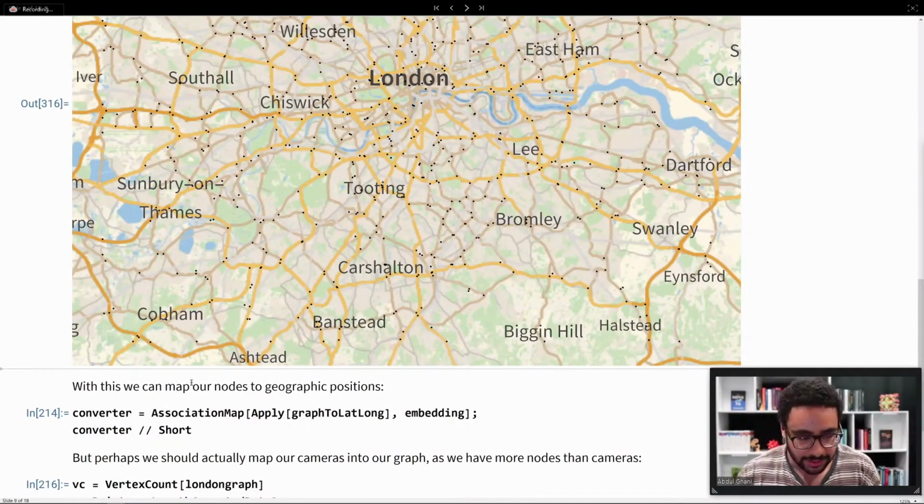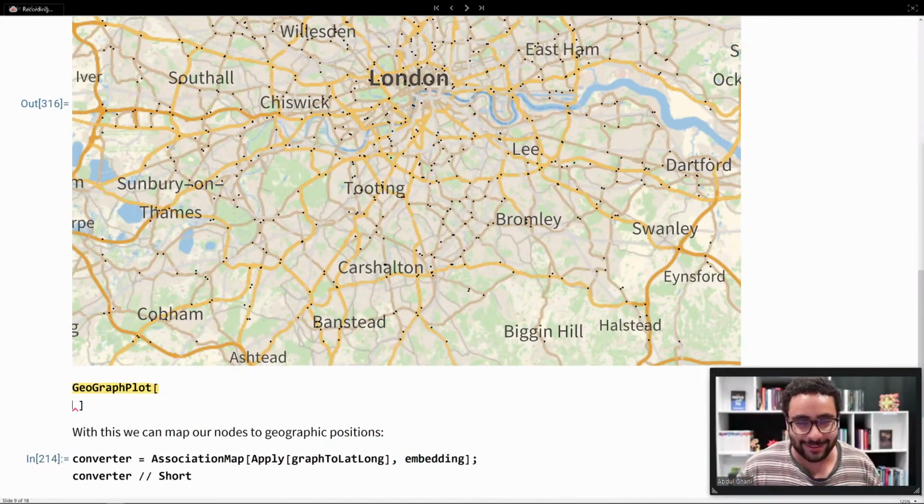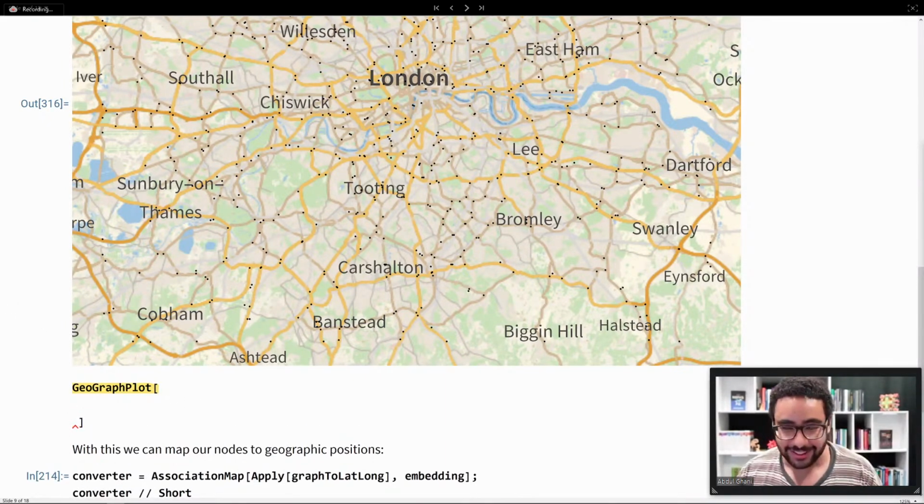Actually, recently, a friend has told me about this function called GeoGraphPlot, which we'll try out. I may butcher this. Okay, GeoGraphPlot will, as the name suggests, plot a graph geographically.